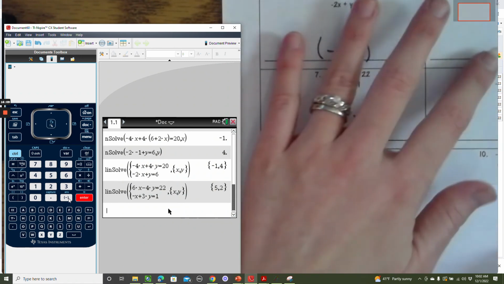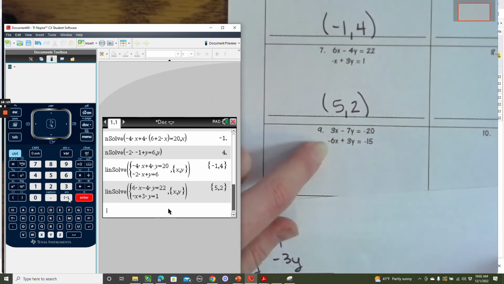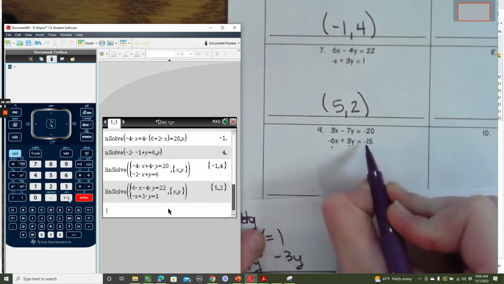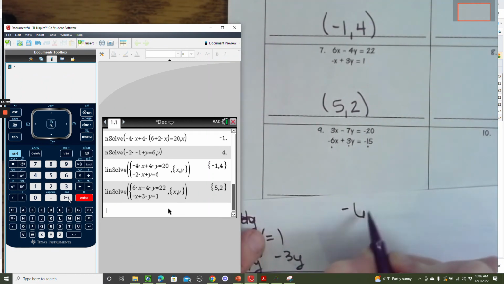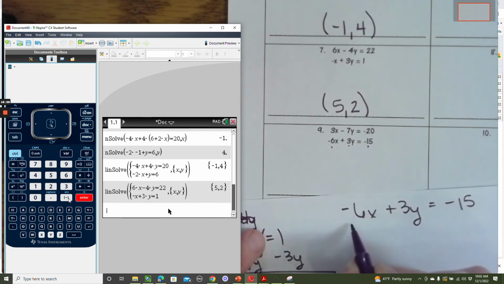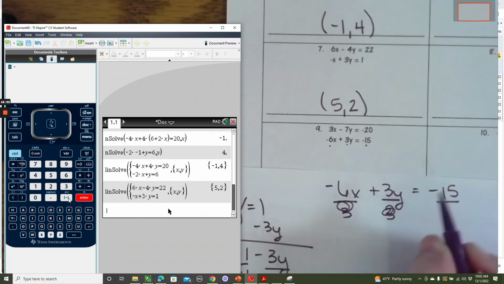And then finally on this last one, everything's buddied up here. So what you can do on this second equation, all of those numbers are divisible by 3. So I can divide everything by 3, or actually, I can get the y by itself easier on this one.